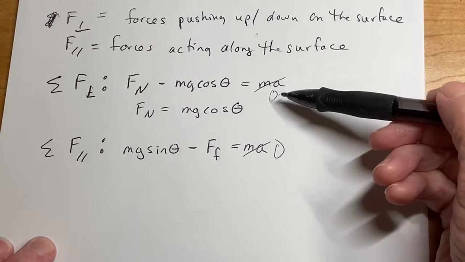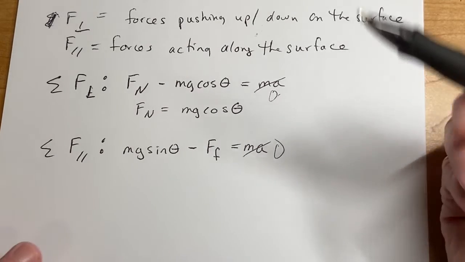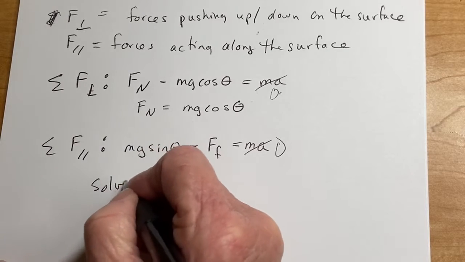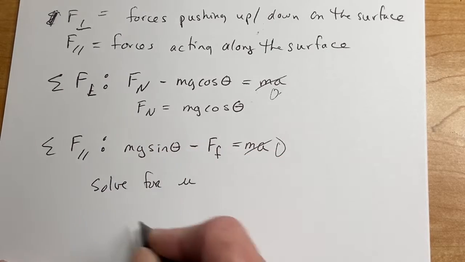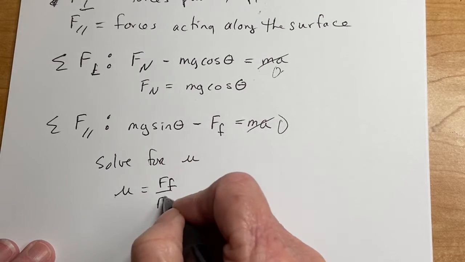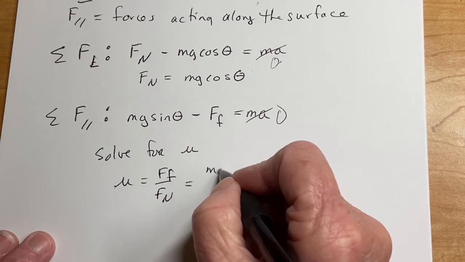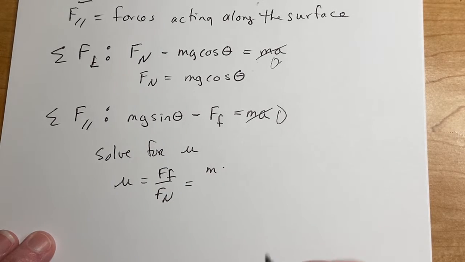Typically the F perpendicular will almost always be 0. So since there is no acceleration, what we're going to solve for is mu. Well, mu is friction force over the normal force. Let me back up a second.